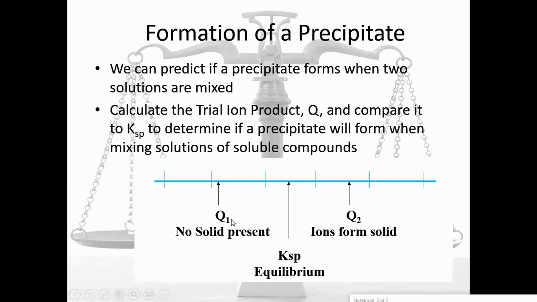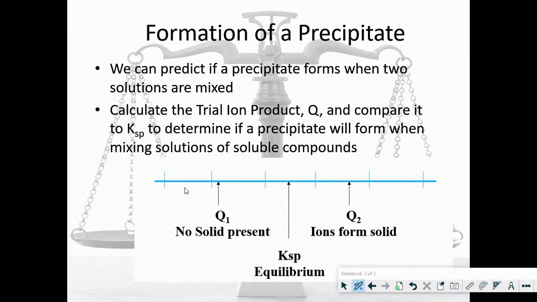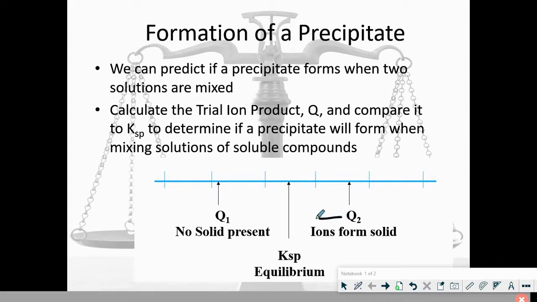If the trial ion product, if Q is less than KSP, then the equilibrium will shift to the right. If it shifts to the right, then a solid will not form. Next, if Q is greater than KSP, then the equilibrium will shift to the left.